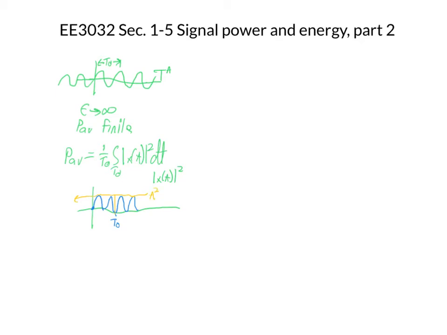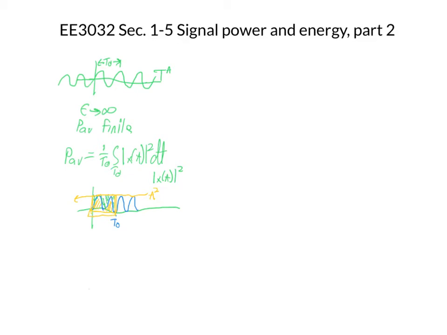So the area is the area under the blue curve. And by symmetry, we could show, using trig identities which exploit the symmetry, that that yellow shaded area is actually the same as the area above the blue line and below the A squared line. So that yellow shaded area, which is the integral that we're evaluating, is going to be half of the area of this yellow rectangle right here.